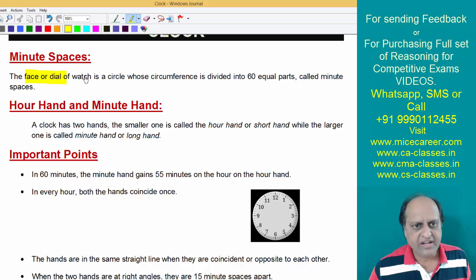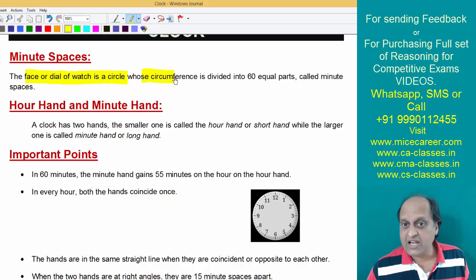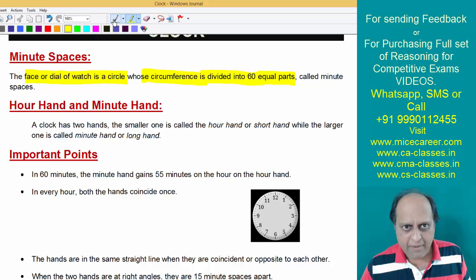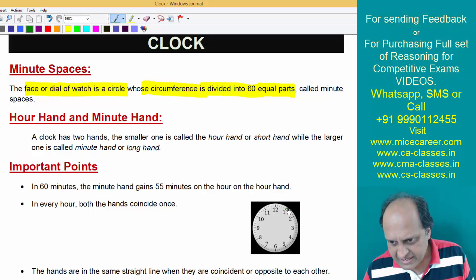Now, the face or dial of a watch is a circle whose circumference is divided into 60 equal parts. Now this gap, this is a minute.